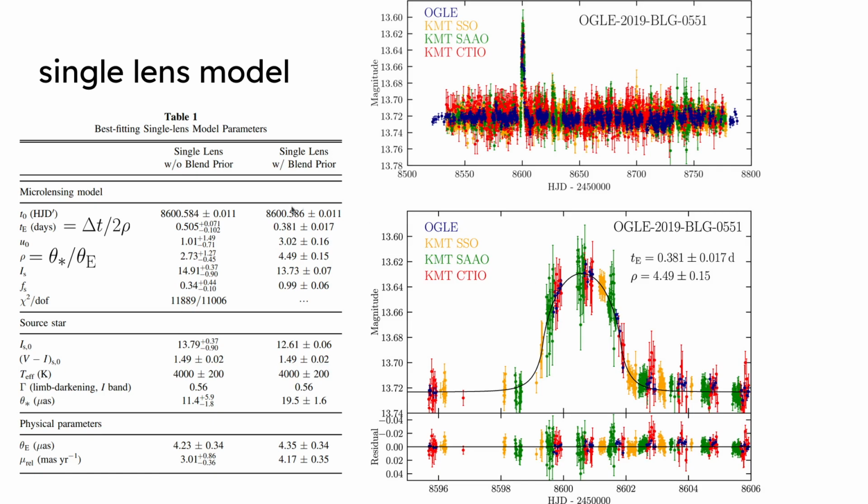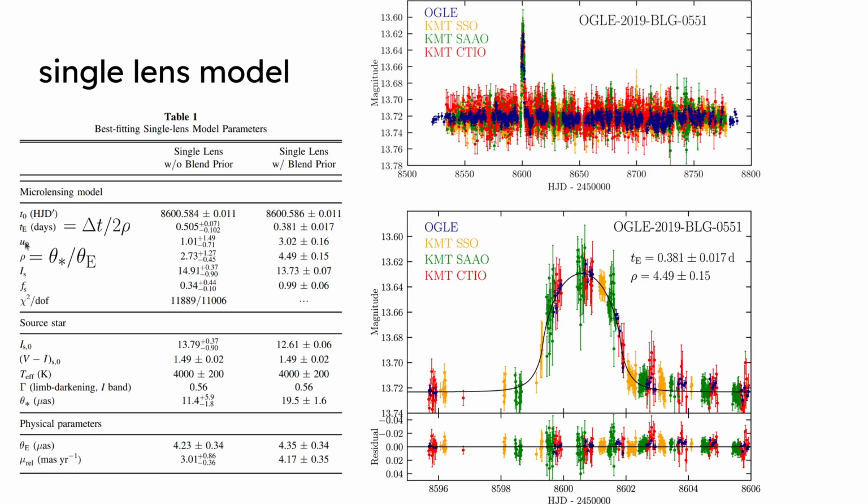And on the right there are these fitting parameters. So obviously T0 is the moment of the peak, basically when the projected separation of lens and source is the smallest. Then we have the duration, the renormalized duration of the event.